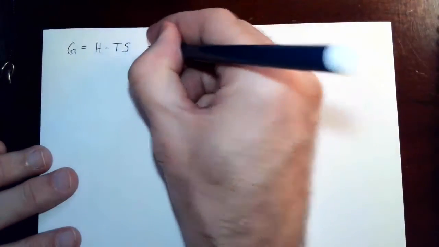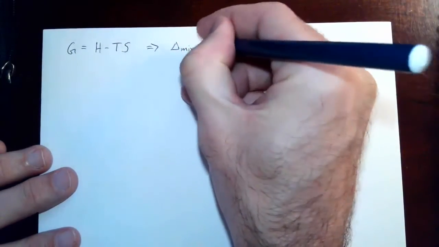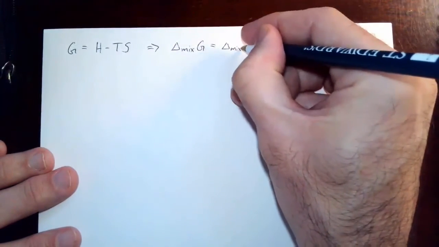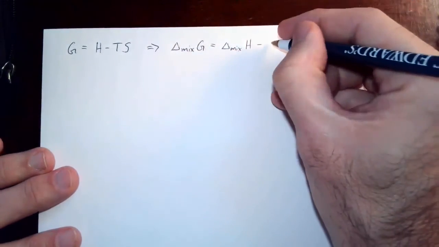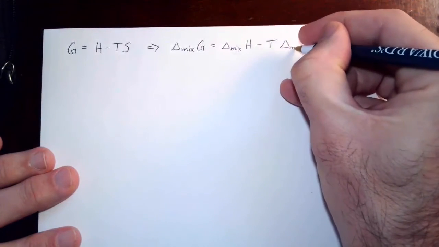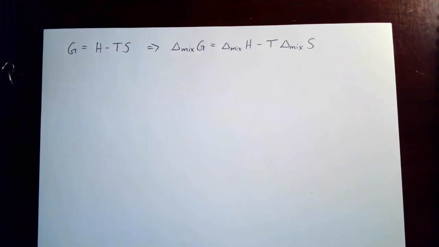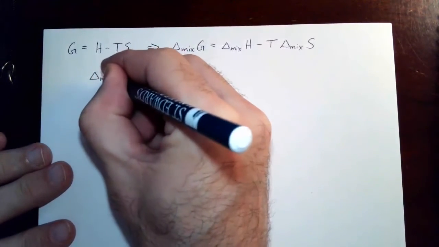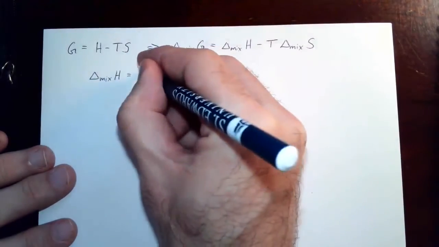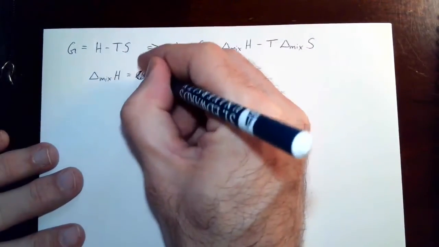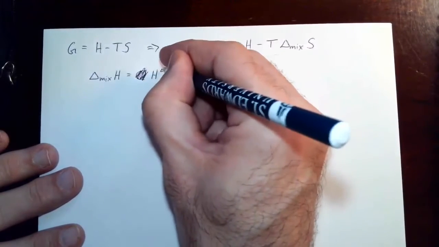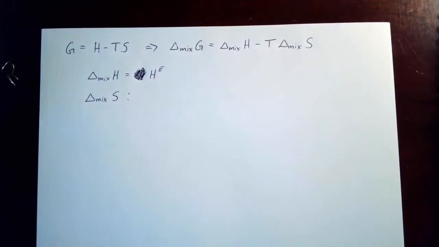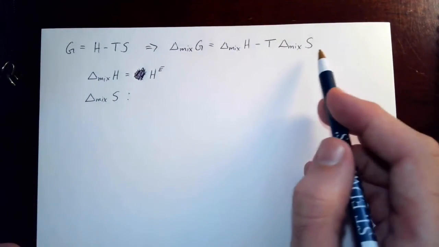And so from there, we can write that delta G is equal to delta H minus T delta S. And as we pointed out, delta mix H is not 0, it is HE. So what about delta mix S over here?